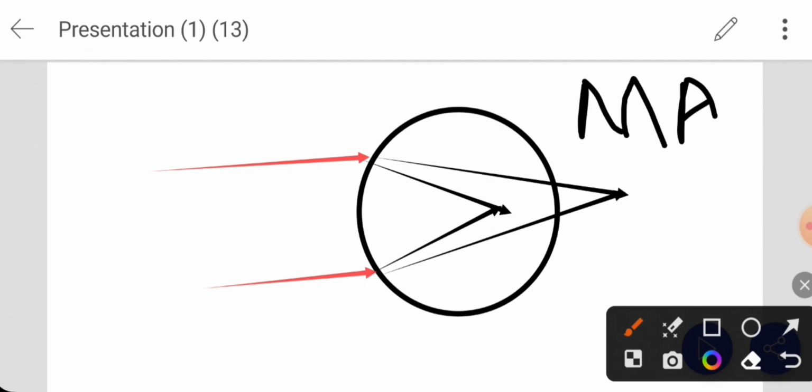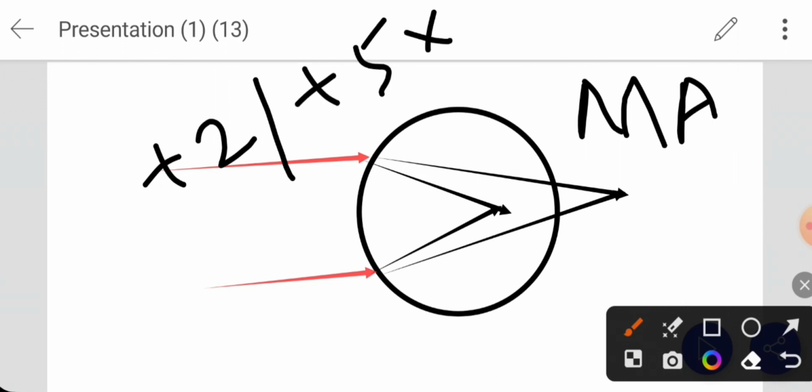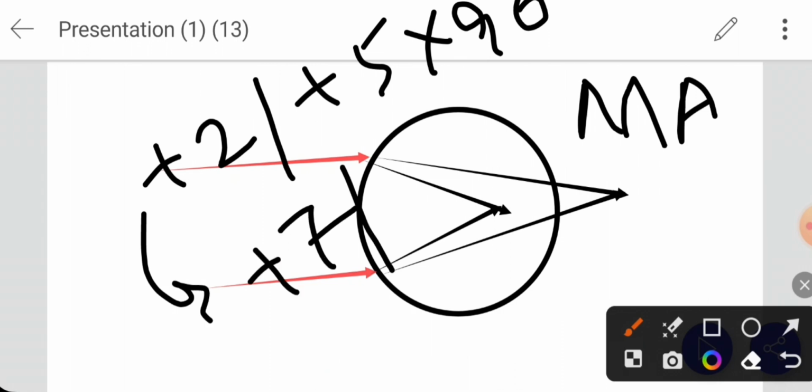The example will be +2 with +5 at 90 degree. Apparently it looks like compound hypermetropic astigmatism, but you need to do transposition of that. When you do transposition, it will look like +7 with -5 at 180 degree.